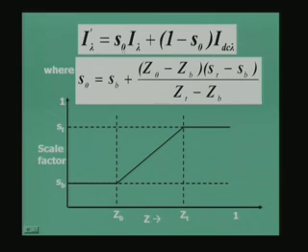In fact, when S naught is equal to 0, we will have I lambda prime as your IDC lambda. Whereas when S naught is equal to 1, which is the maximum value of ST set to 1, and S naught also becomes 1 when Z naught is equal to ZT, you will have the effect that I lambda prime becomes equal to I lambda, because this term will be equal to 0.